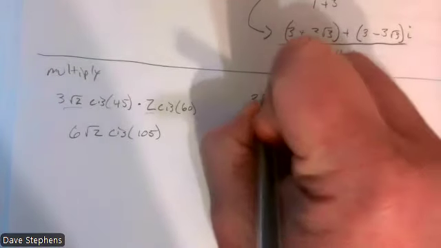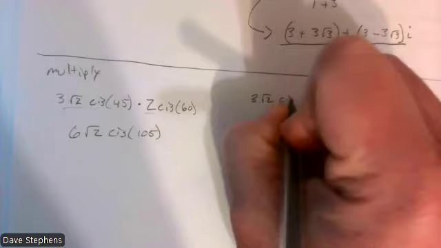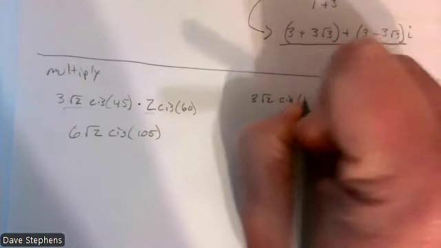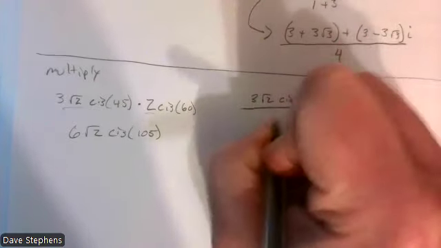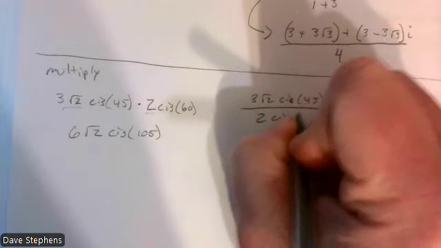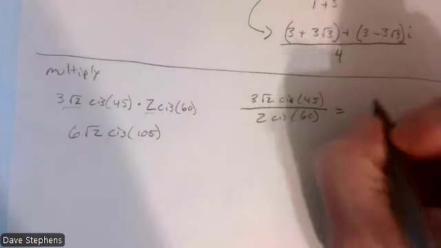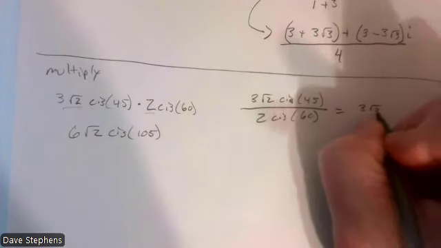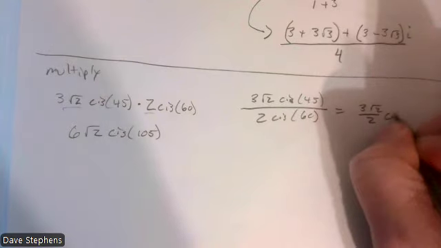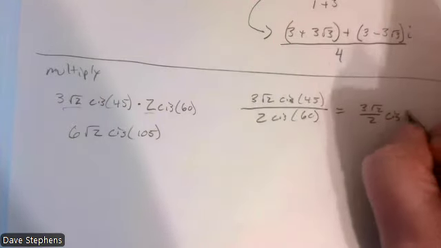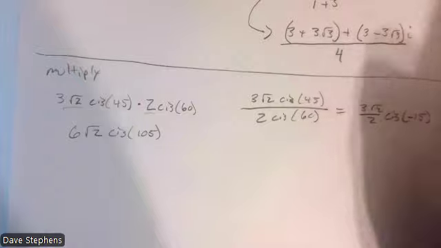So we get 3 root 2 CIS 45 divided by 2 CIS 60. It's going to be equal to 3 root 2 over 2 CIS 45 minus 60, which is negative 15.